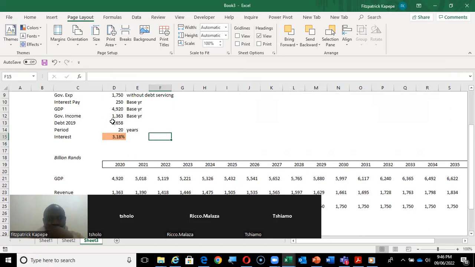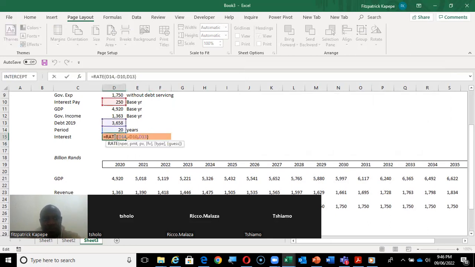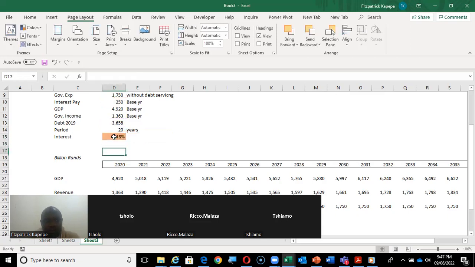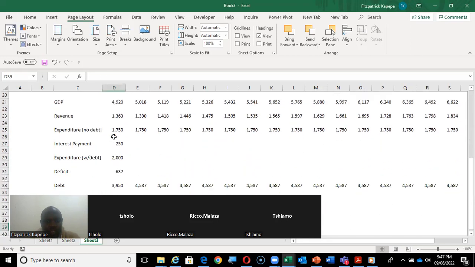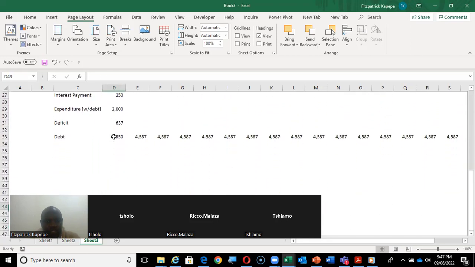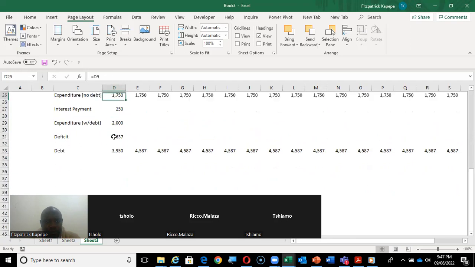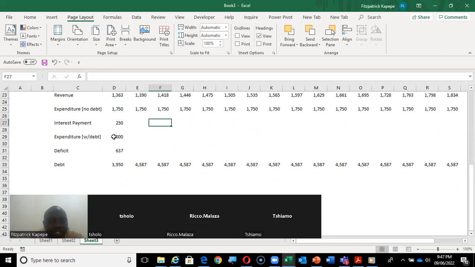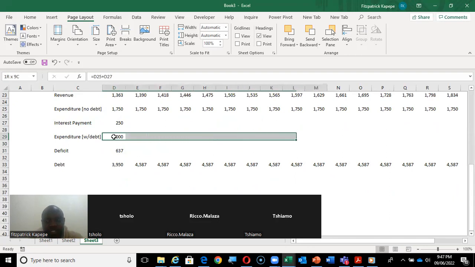Where is the mistake? I want us to get the interest here, because once we get the interest, it will be easier now to check on the deficits. Just let me check with debt up to there.